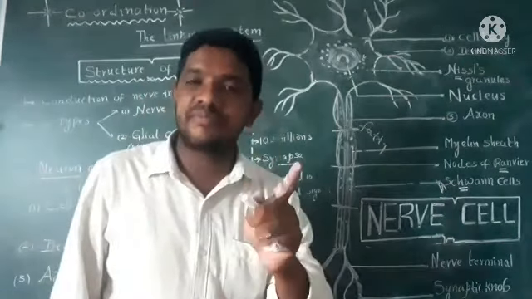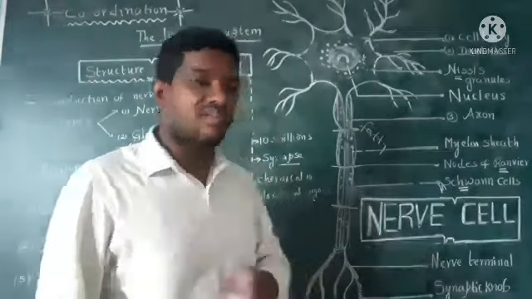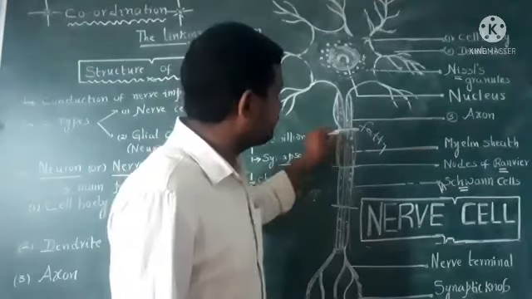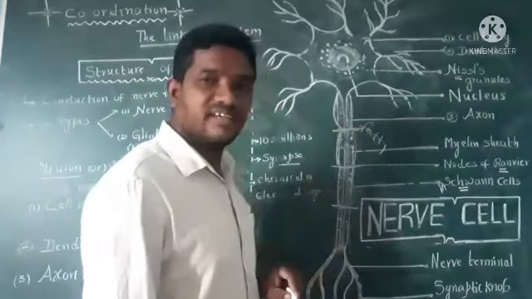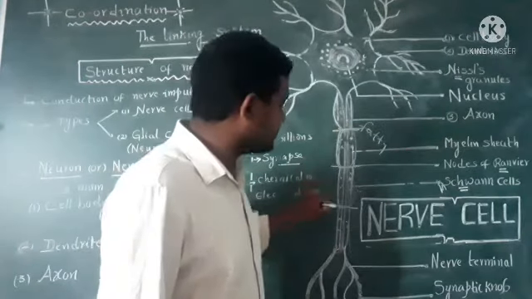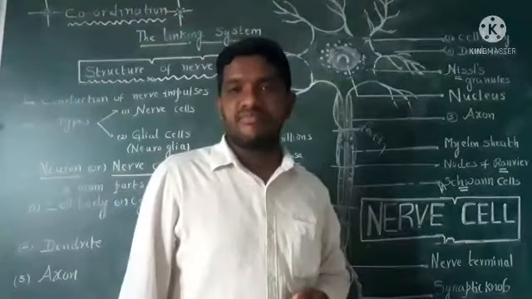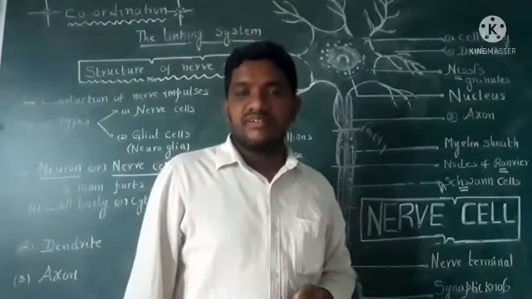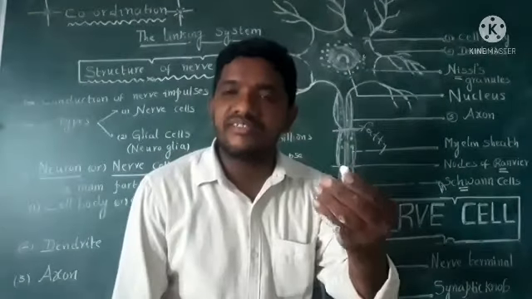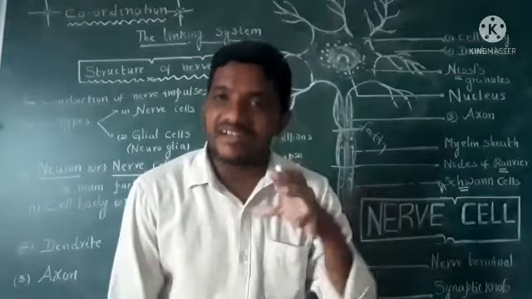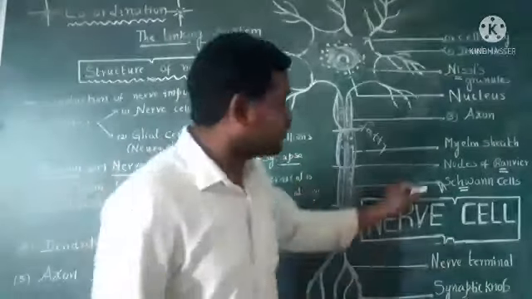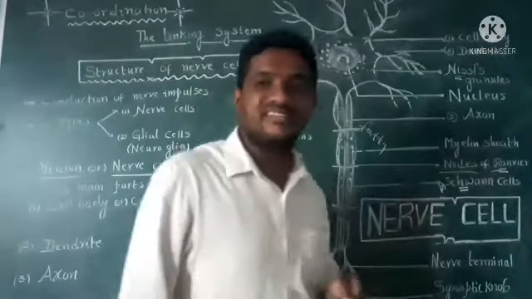Here a gap is present, here a gap is present, here a gap is present. The small interruptions at the regular intervals are called nodes of Ranvier.